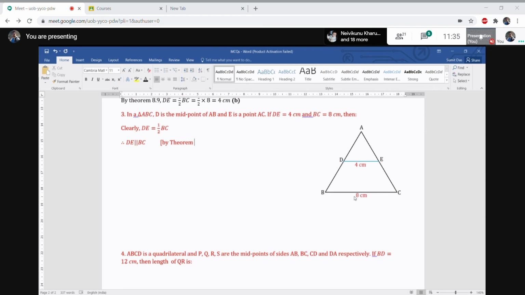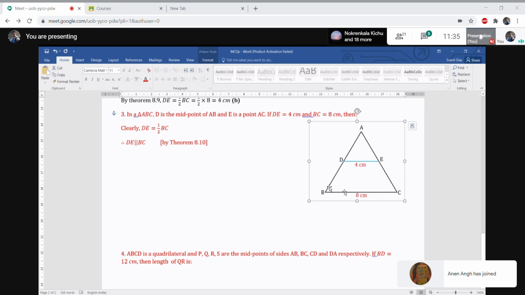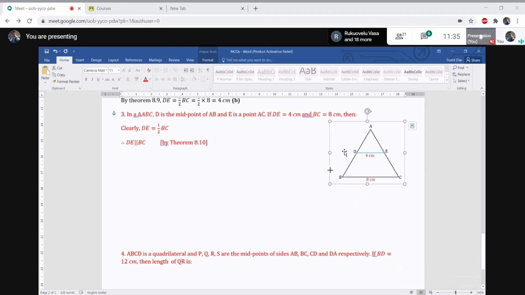The theorem says the line drawn through the midpoint of one side of the triangle parallel to another side. It is not only 8.10, it is also by 8.9 and 8.10. So these are the things.